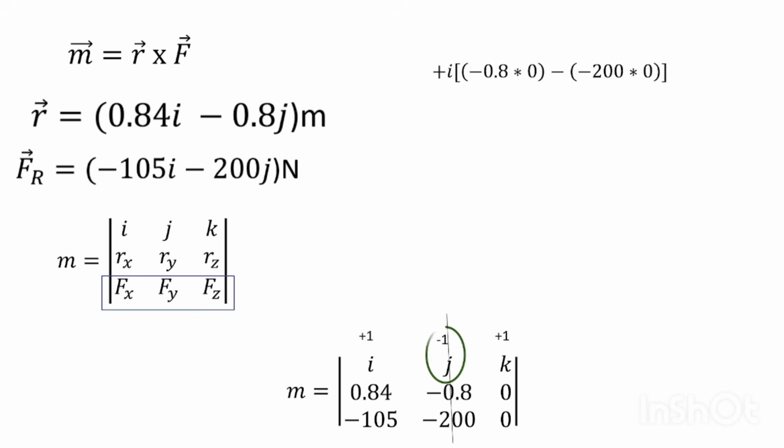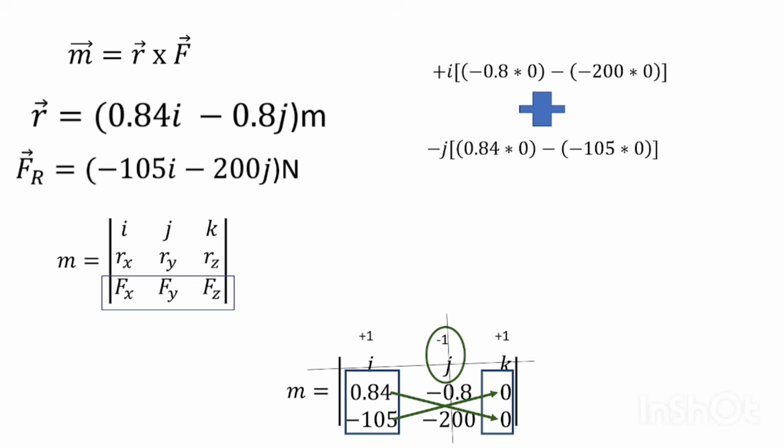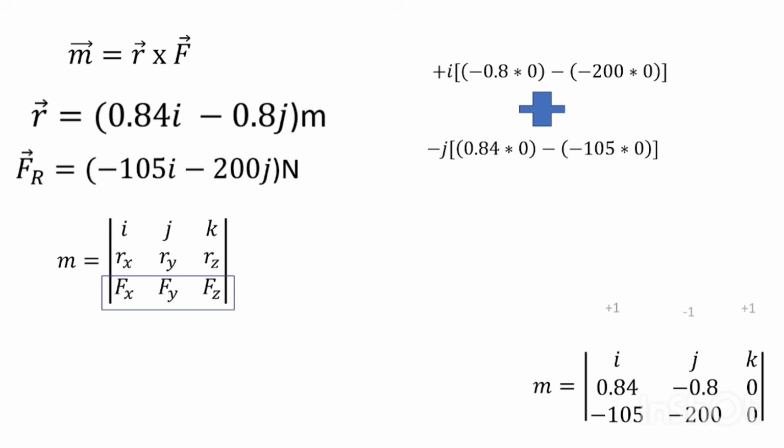You select the j component and strike through. What will be left are four elements, and you multiply the top left by the bottom right and the bottom left by the top right. If you do that, you get minus 0.84 times 0 minus 105 times 0. In this case, you multiply it by minus 1 j, so you have minus j into the other terms.